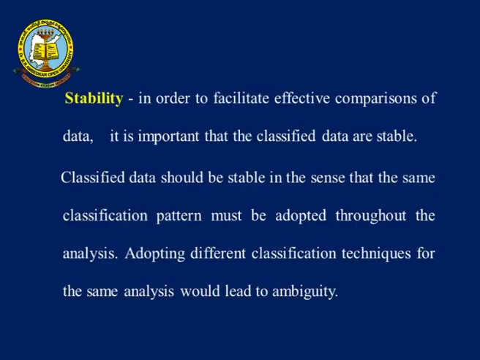If all of a sudden you change the classification, we cannot interpret any results. That is why the data classification should be stable. Adopting a different classification technique for the same analysis would lead to ambiguity. That means it is not clear, and there will be many confusions in the data.